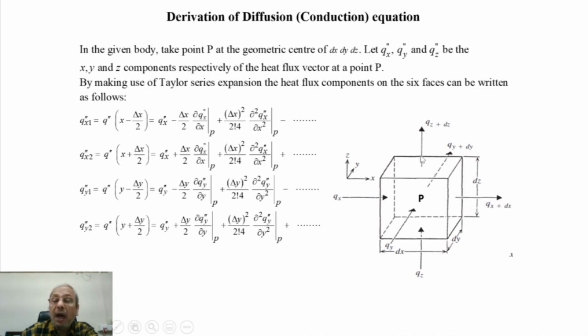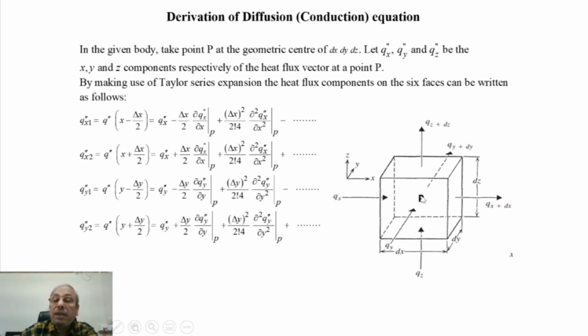Similarly on the back surface, we can write qy2 double prime equal to q double prime y plus delta y by 2.